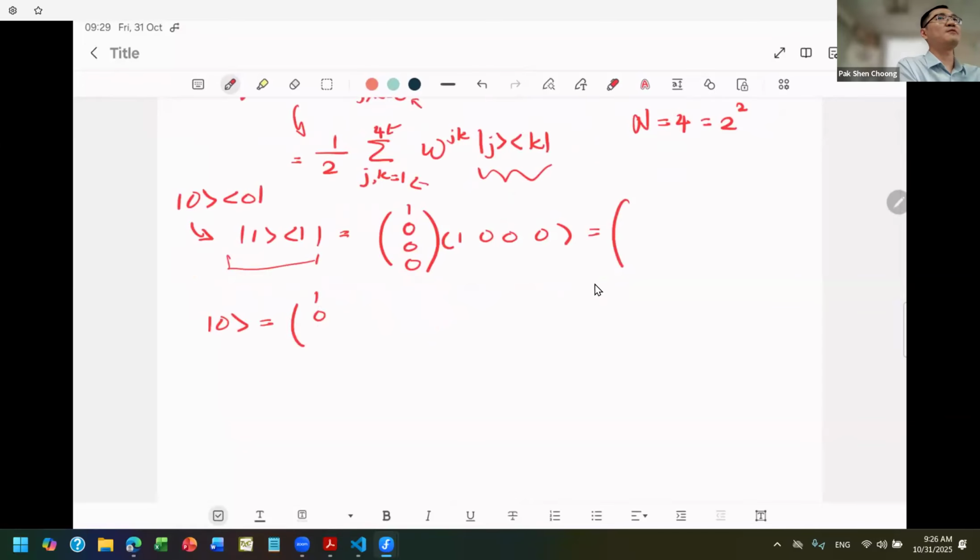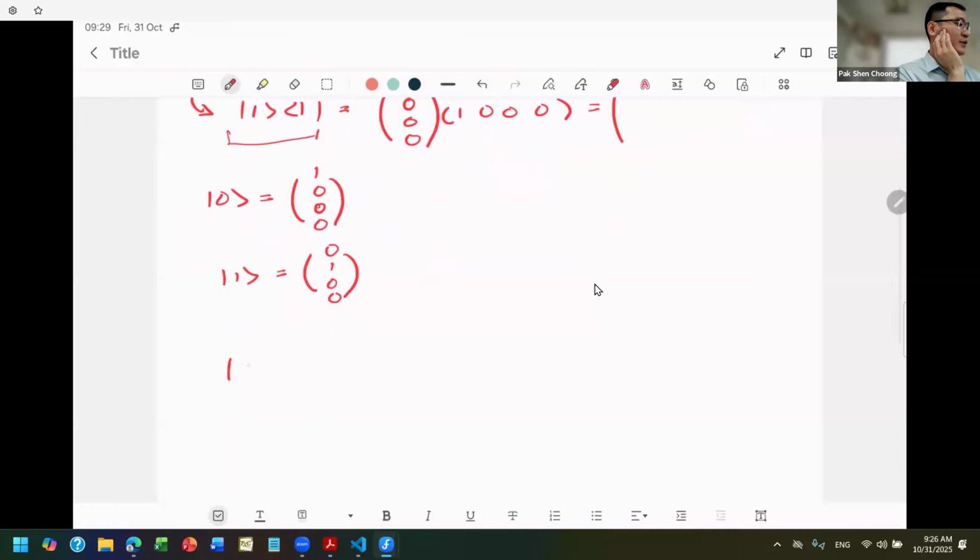So yesterday we already saw that the 0 state corresponds to 1, 0. In this case, this is a 4-dimensional matrix, so you just add 2 more zeros. So what will be the 1 state? 0, 1, 0, 0. What will be the 3 state? 0, 0, 0, 1.